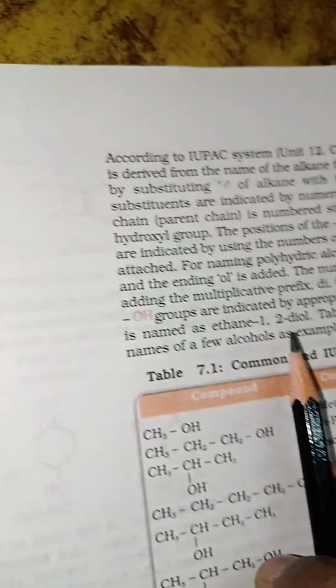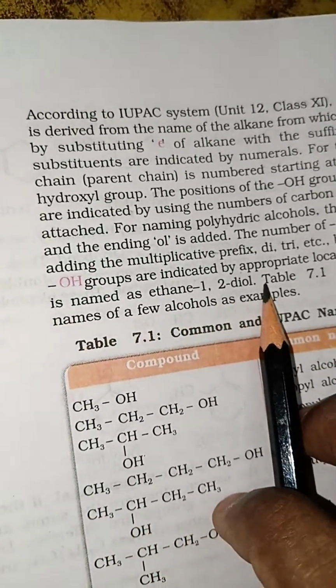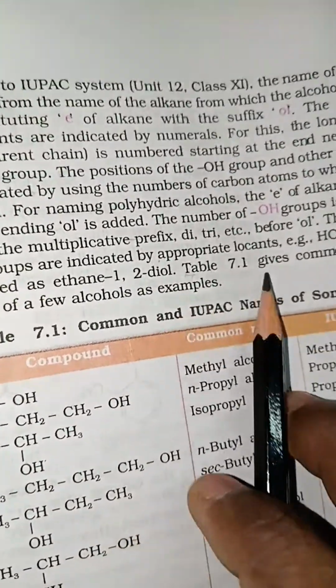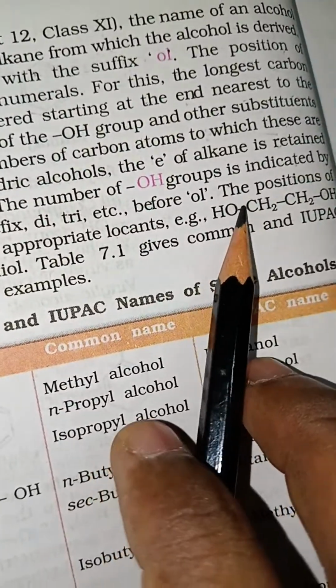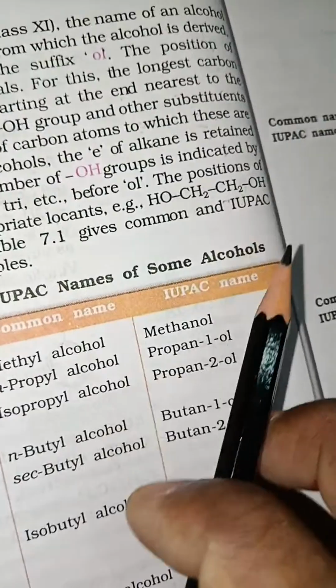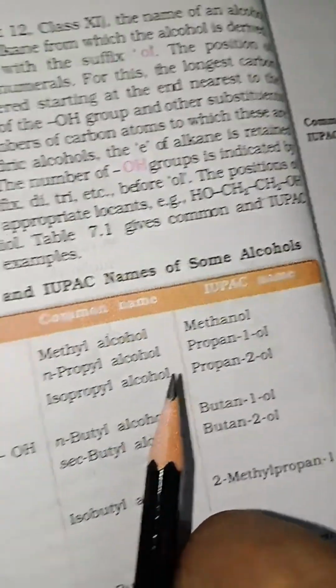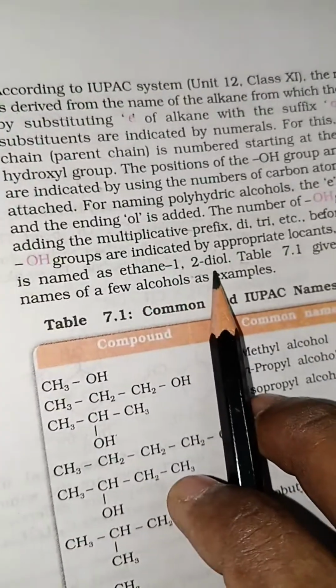The positions of OH groups are indicated by appropriate locants. That is, HO-CH2-CH2-OH is named ethane-1,2-diol.